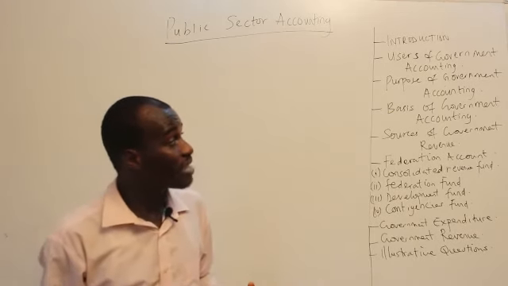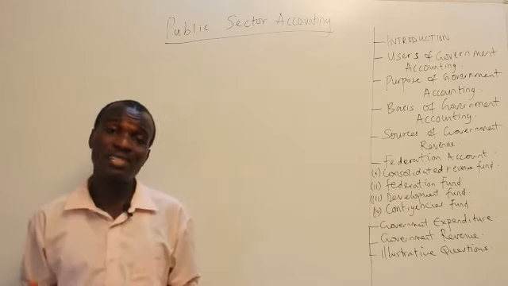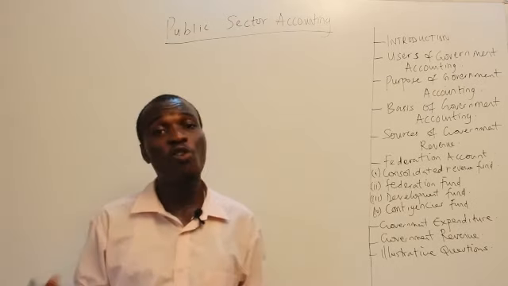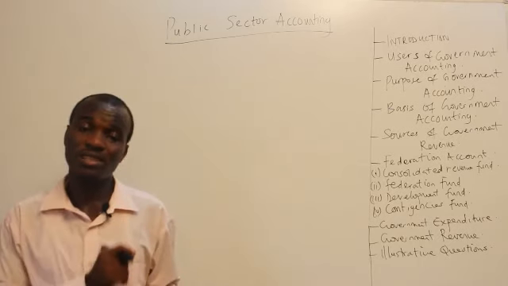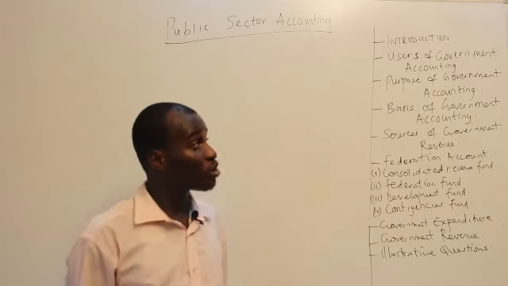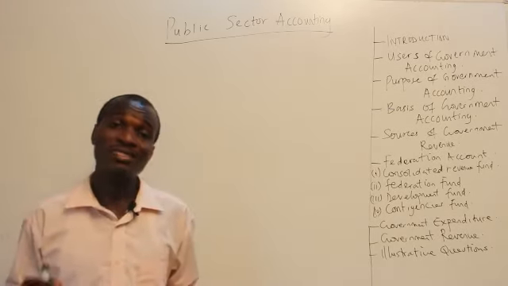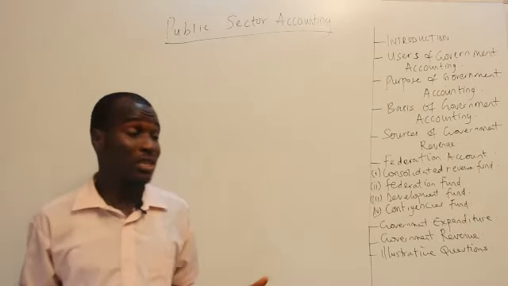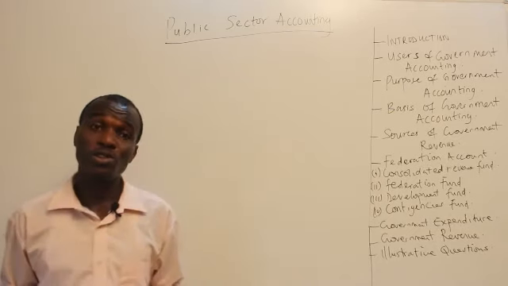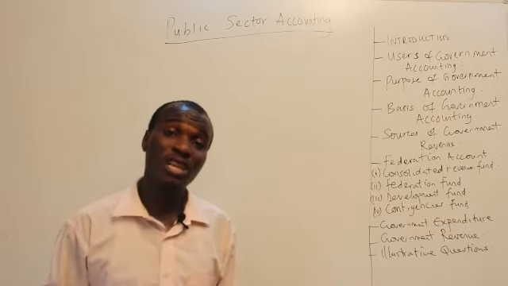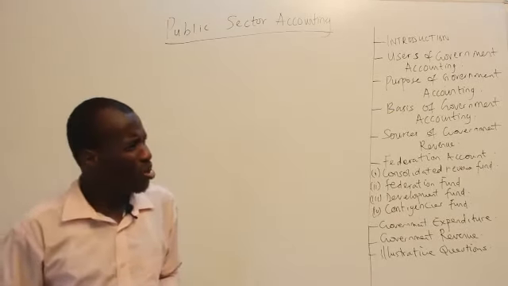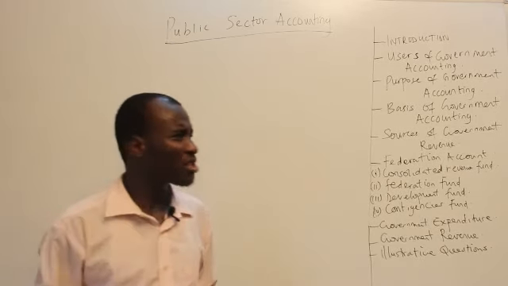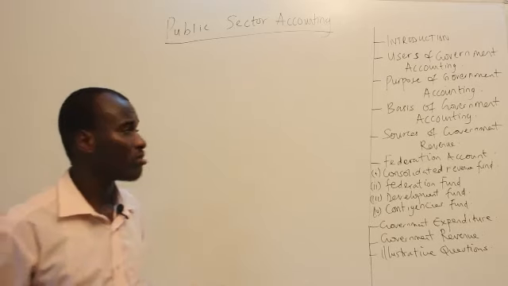While in private sector accounting, the cost of an asset is spread over the useful life of the asset, as opposed to government accounting, whereby an asset is written off in the year in which it is bought. So we have a lot of differences between private sector accounting and government accounting. You can research on that to know more about the differences.